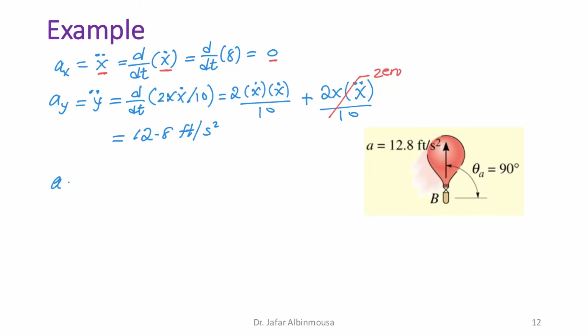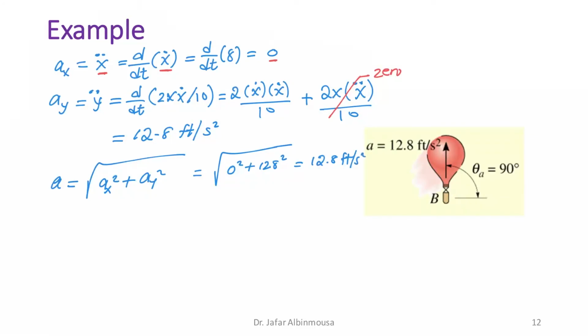Now to calculate the magnitude, we square the two components under the square root. We get ax squared plus ay squared, which is equal to 0 squared plus 12.8 squared, and this is going to give you 12.8 feet per second squared.